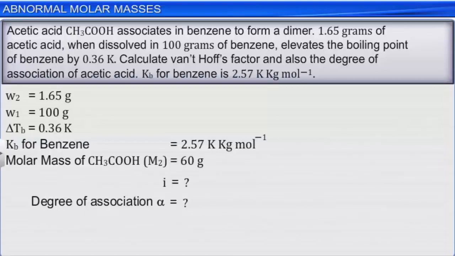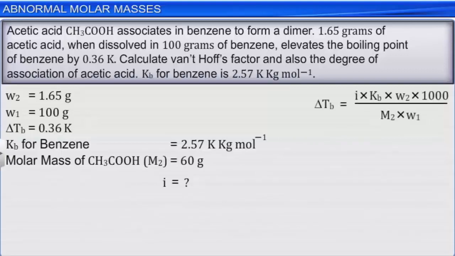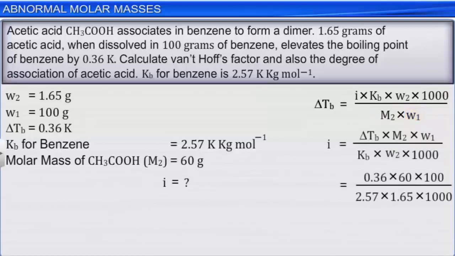Substitute these values in the modified equation for elevation in boiling point. Elevation of boiling point, delta Tb, is equal to i multiplied by Kb multiplied by W2 multiplied by 1000 divided by M2 multiplied by W1. On solving for i, we get Van 't Hoff's factor i is equal to 0.5093.